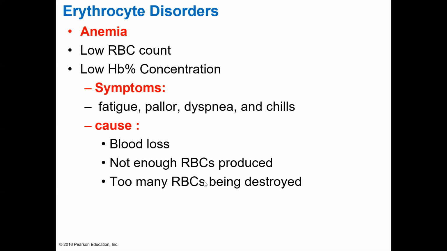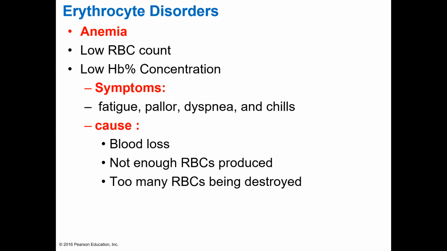Also, if too many red blood cells are being destroyed faster than usual, that can result in anemia. This is known as hemolysis, and the condition is known as hemolytic anemia. Usually red blood cells live for 120 days. After 120 days, they're supposed to disintegrate or die.